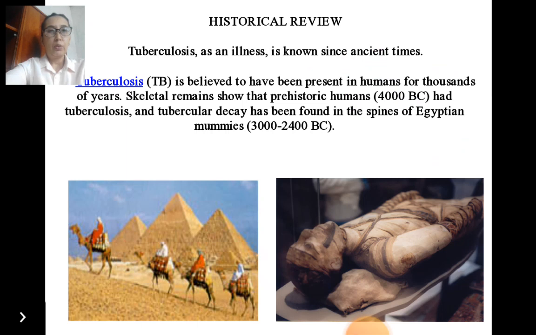Historical review. Tuberculosis as an illness is known since ancient times. Tuberculosis has been present in humans for thousands of years. Skeletal remains show that prehistoric humans had tuberculosis, and tubercular decay has been found in the spines of Egyptian mummies.